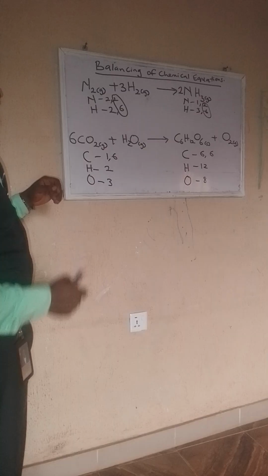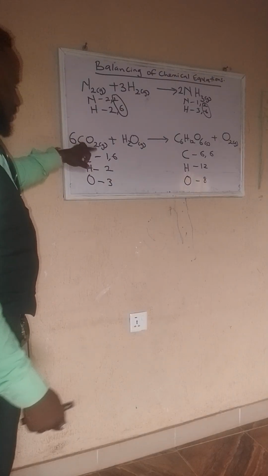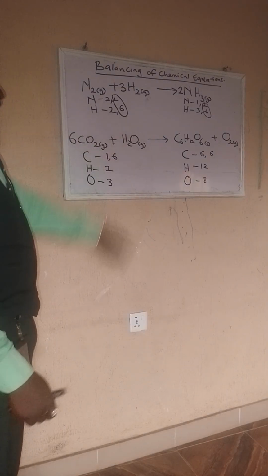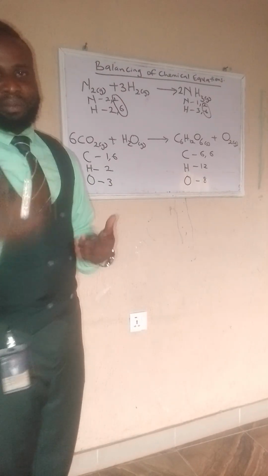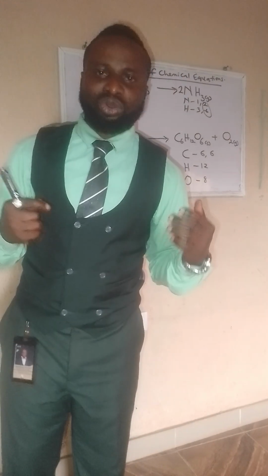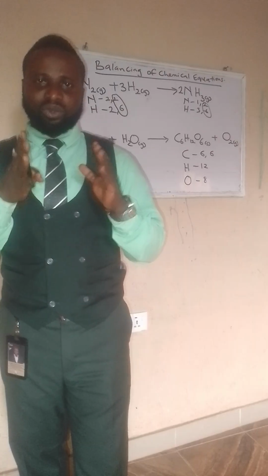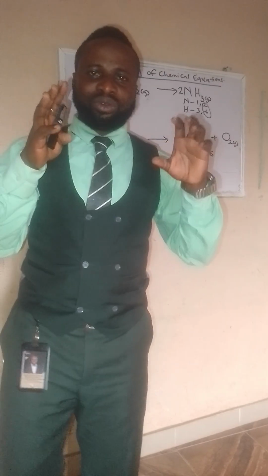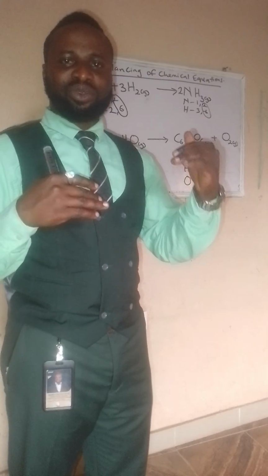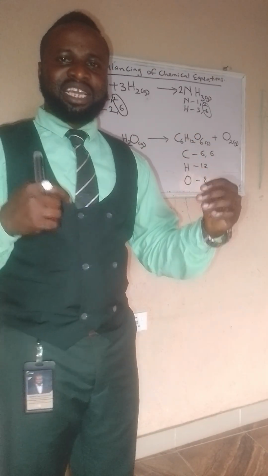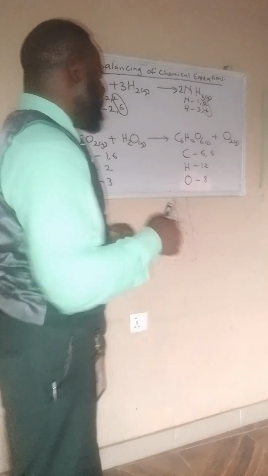Now, in the process, it has increased oxygen, but let me deal with hydrogen as well. In balancing chemical equations, there is no rule that says this is the element you have to deal with first. It's by your technical discretion you will know which one is most convenient to balance in order for you not to have error in the long run.